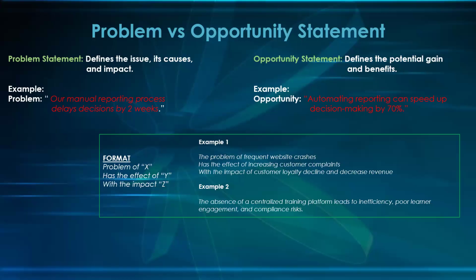This is the format. For a problem statement, you can use words like problem of X has the effect of Y with the impact of Z. Does it make sense? You can see how I'm trying to simplify this so that you'll be able to take whatever is here and replicate it for whatever you want to do. This is just more like a format to guide you to create yours.